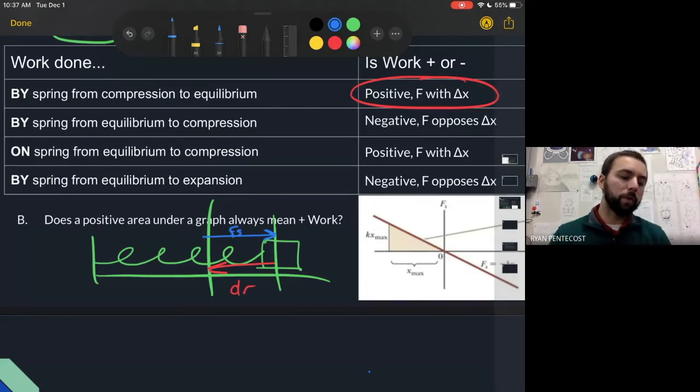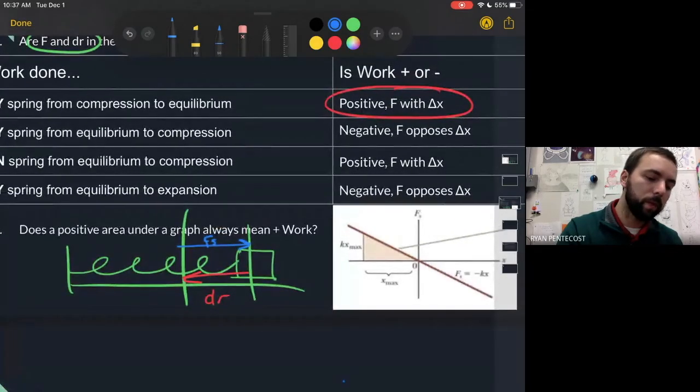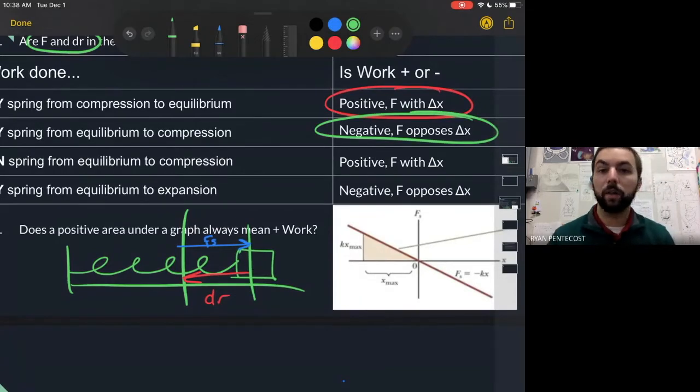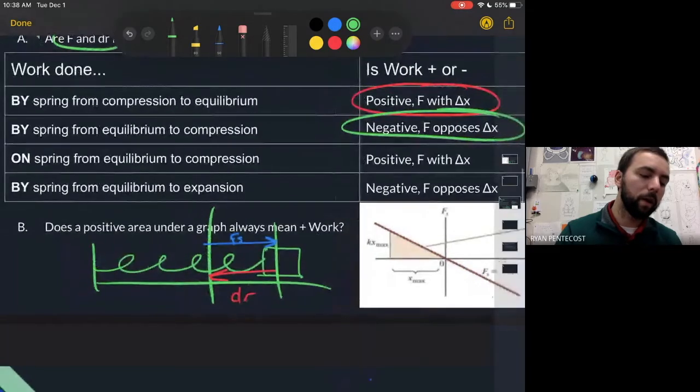As you compress a spring harder and harder, you've probably played with a spring before, it resists more and more. So that spring is resisting the compression. So here, the force opposes the delta X. So we can see it's going to be negative work. The spring is doing negative work when we look at the work done by the spring.